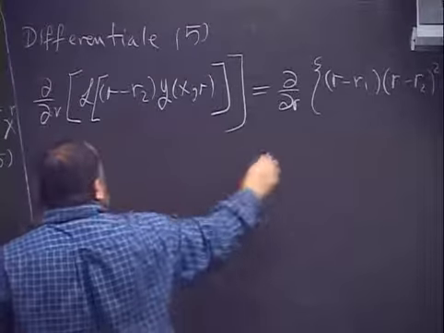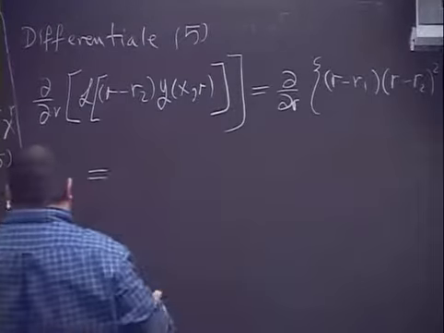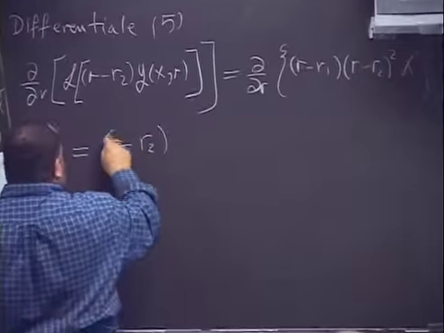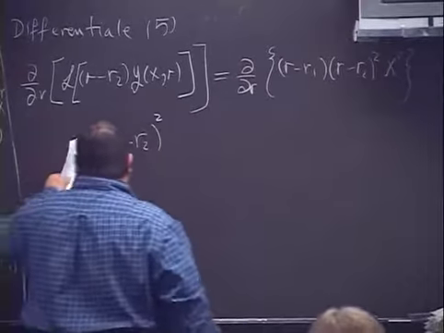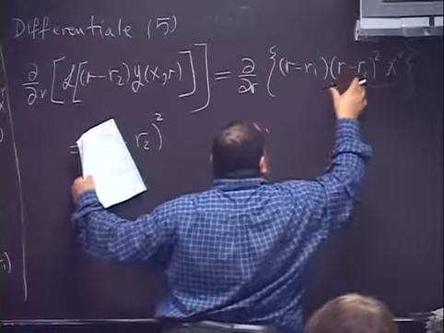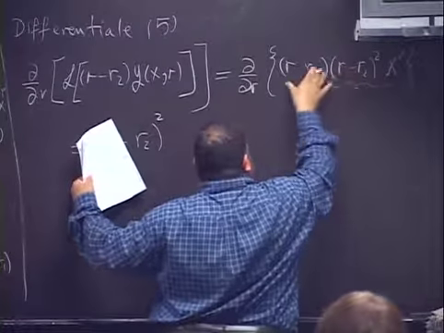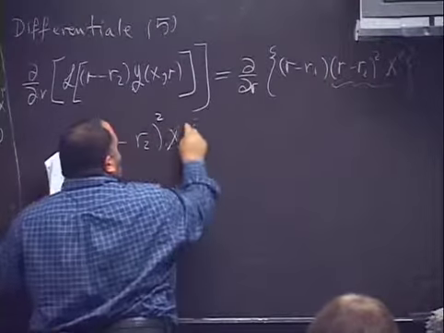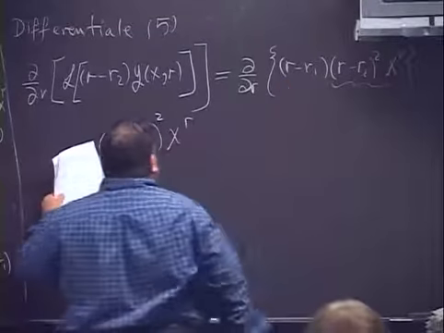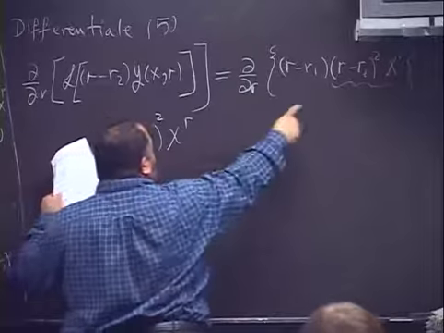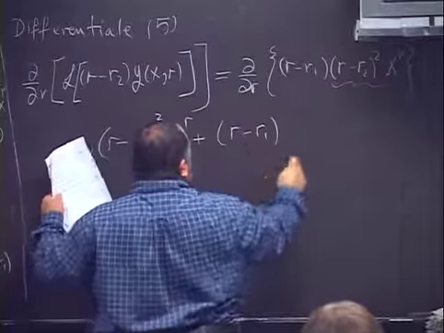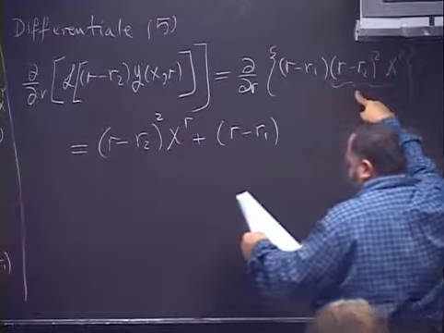So the left hand side will be just r minus r2 all squared. When you multiply it, you will take the first multiplied by the differentiation of the second. So the differentiation of r minus r1 is just 1. So 1 multiplied by this. Then the first, r minus r1, multiplied by the differentiation of the second.